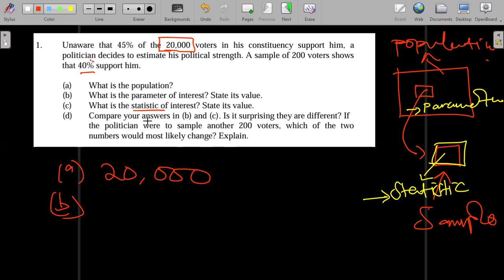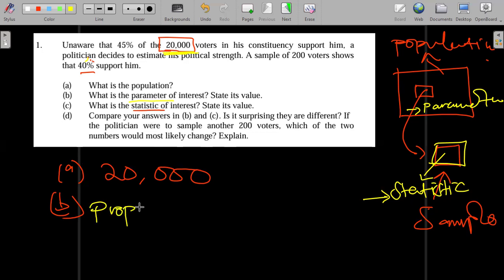So what is the proportion of these 20,000 voters that support this politician? Remember, we are talking about the parameter, so we want a numerical summary about the population. It means our parameter of interest here is the proportion. So we can write it.